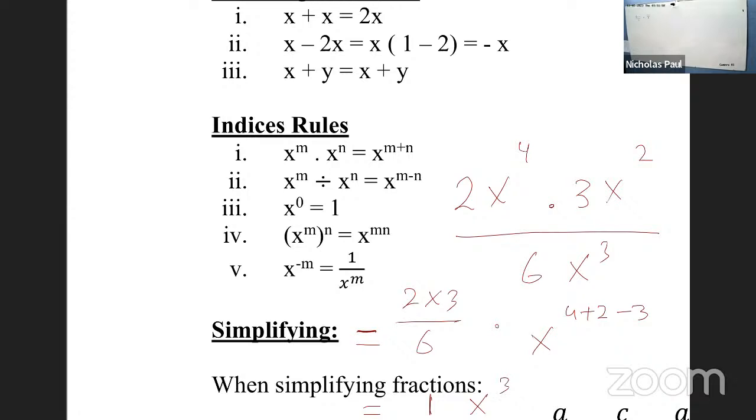All right? So you work with the numbers first. So it's 2 by 3 over 6. Yeah, 1x to the power of 3. You can't leave out the x when you cancel.